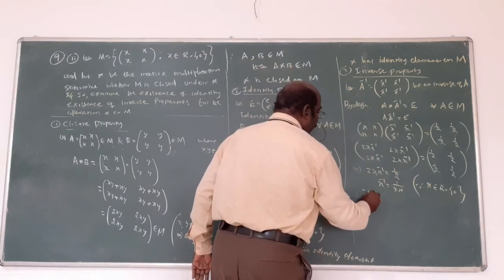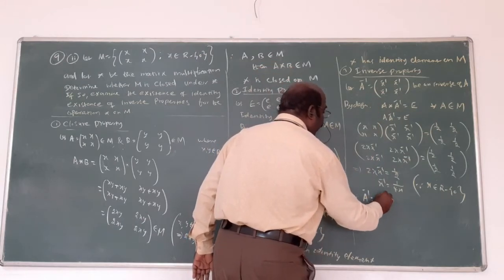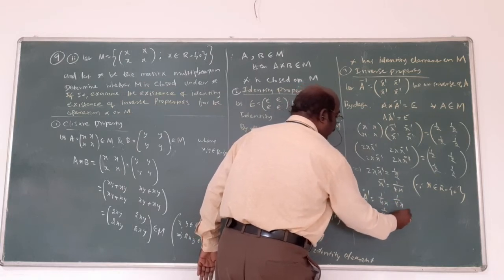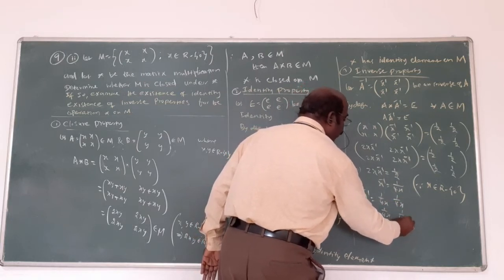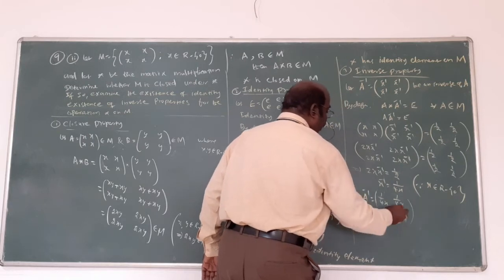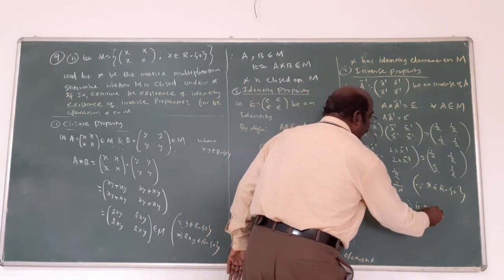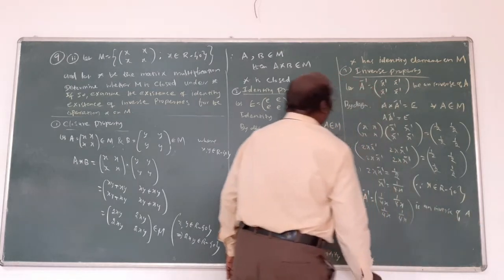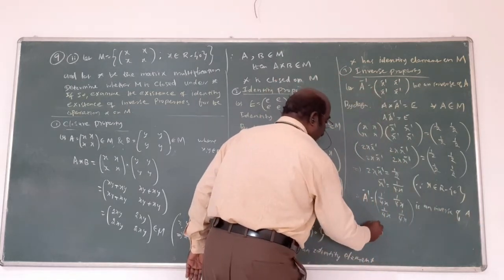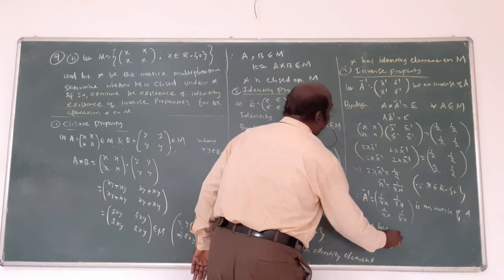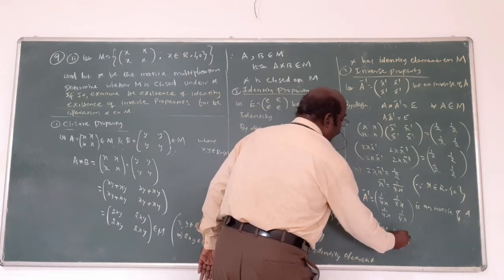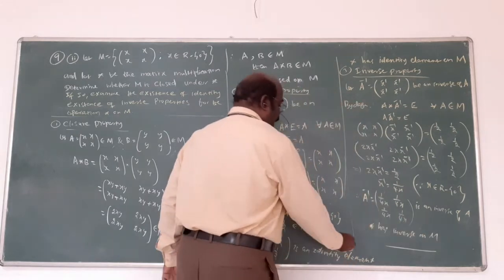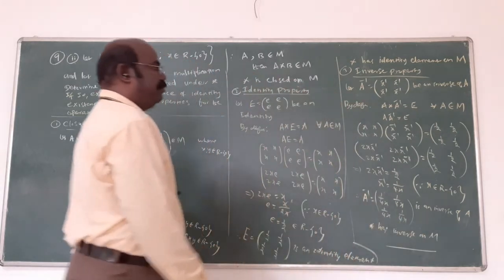Therefore, a inverse equal to 1 by 4x is the inverse of a. That's how we solve the inverse property. All the properties are satisfied here.